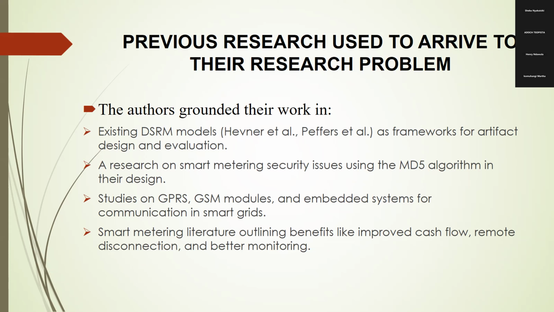Then we also had the studies on GPRS modules and embedded systems for communication in smart grids. They also went ahead to look at that paper, and they said, why not come up with a smart metering system? And also other literature papers that were outlining the benefits of these smart metering systems, since developed countries were already using it and it really was effective. So they also found that, yes, if it's working in other countries, why not in Ghana?